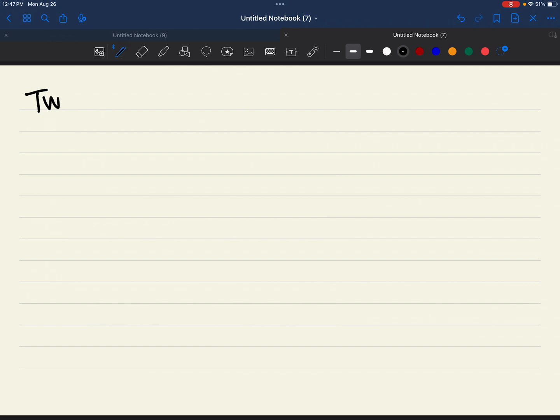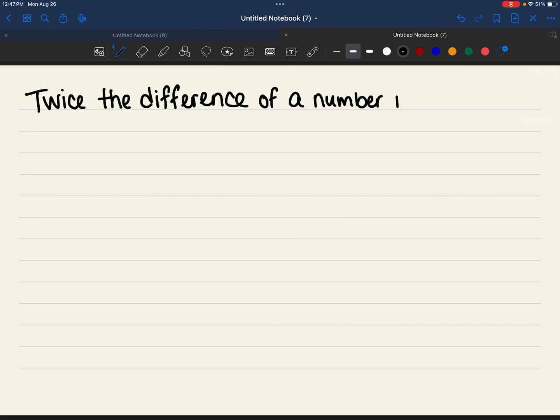Here's why it's important that we know what all these math words mean. All right, we're going to do twice the difference of a number and 9 equals 6. Now, sometimes these can be a little tricky, so we just have to be careful about how we write them.